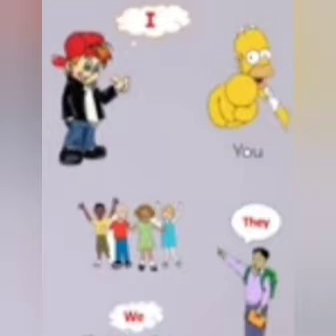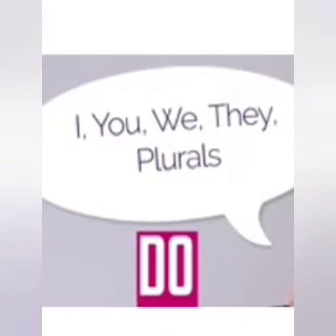If you are talking about anybody else, for example I, you and even plural forms we, they, you would use the word do. When we are using I, you, we, they, plural forms, that time we will use the word do.